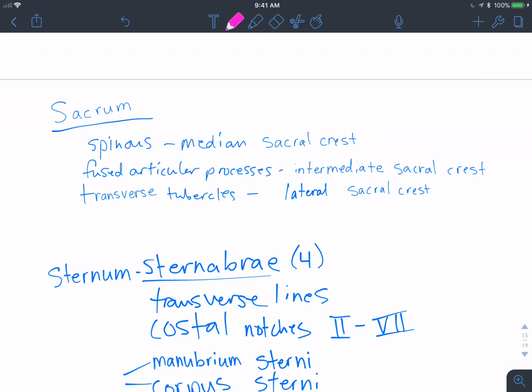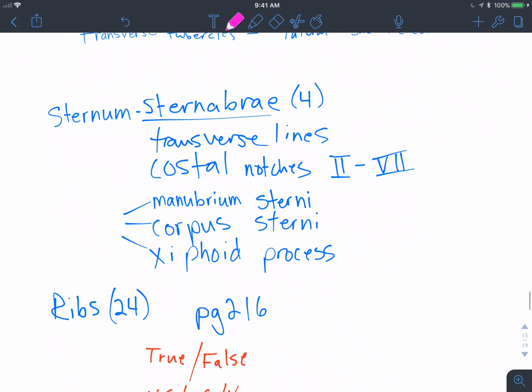Moving out laterally from there, we have the fused articular processes, aka the fused pars interarticularis, right? That's represented by the intermediate sacral crests. And from there, moving out even more laterally, would be the fusion of the transverse tubercles, which is represented by the lateral sacral crest, okay? Just being able to walk your way through that should be pretty good.